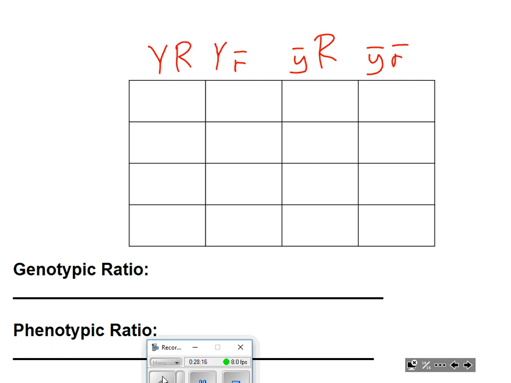Correct? Now, you might not have them in that order, but does that matter? The order doesn't matter just so you have those 4.